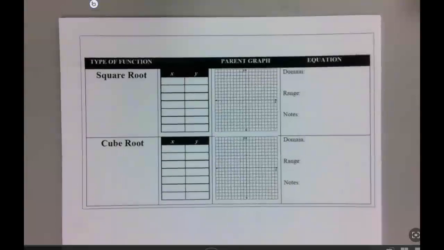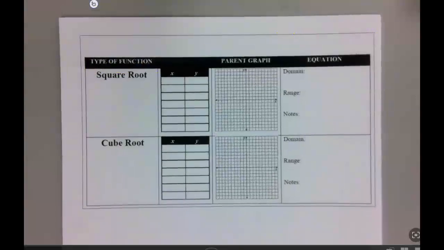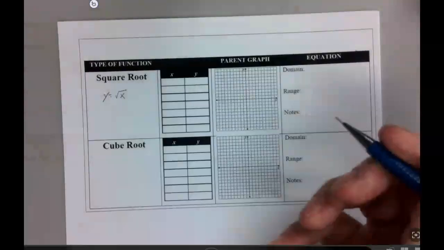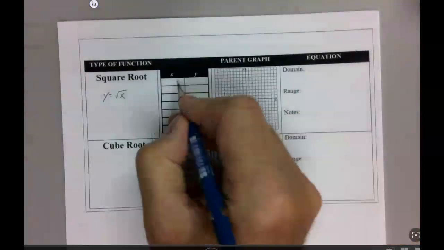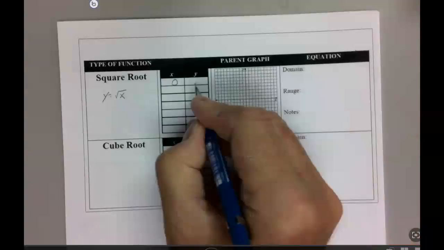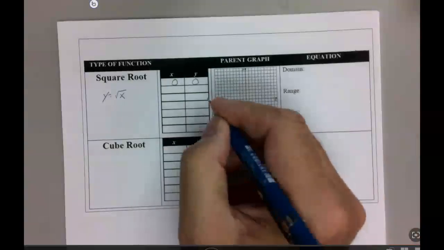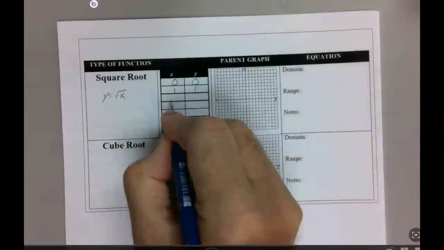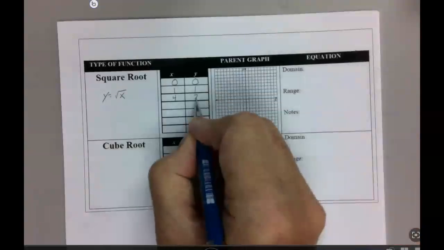All right, square root function, okay? Remember, you cannot take the square root of a negative number. So, what's the square root of 0? 0, correct? What's the square root of 1? 1. What's the square root of 4? 2.